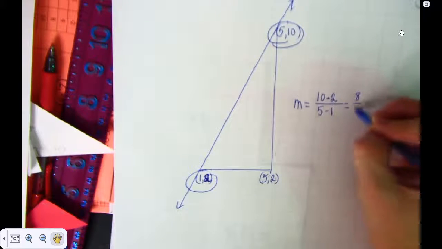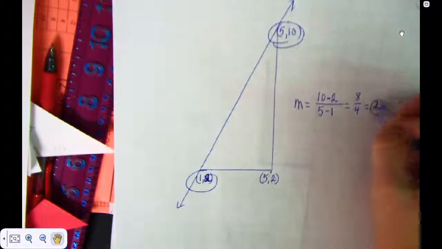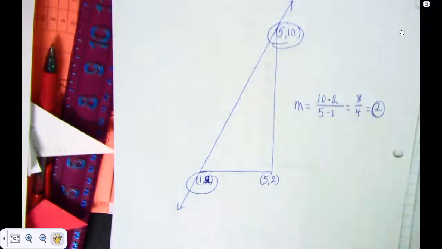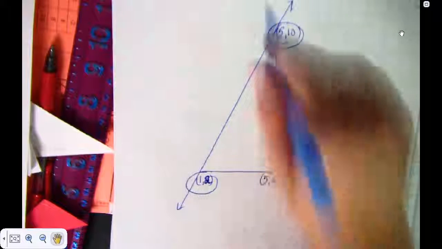So 8 over 4 equals 2. We already knew the slope was 2. But I needed to show you a different way that you might have it. See? Comprehend? All right, put that in practice, please. And look on page 89 in your book.